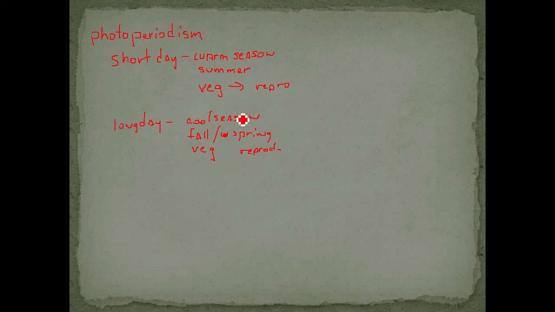With short day plants, remember that the longest day of the year is June 21. This is the longest day. And with long day plants, the shortest day of the year is December 21, the shortest day.